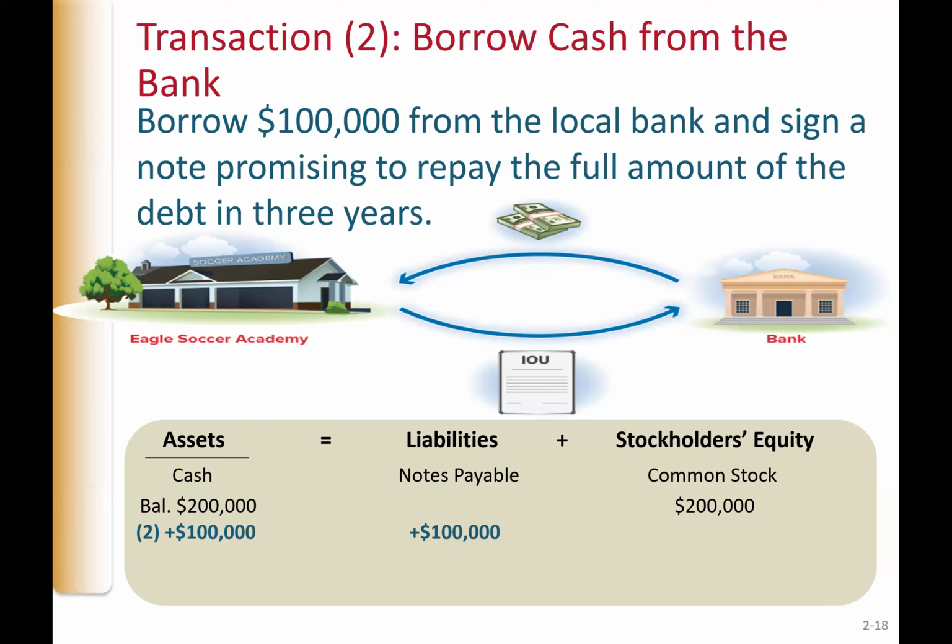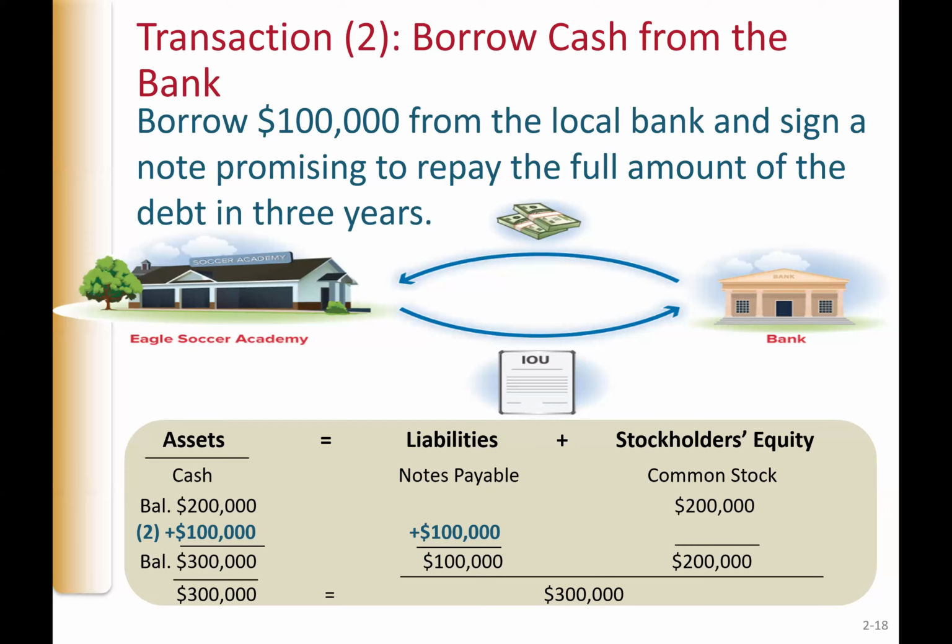Remember, a liability is a benefit today, which was the 100,000, with a future sacrifice, which means we owe that bank 100,000. A payable is always a liability. We owe that money back to the bank. Okay? Make sense? Do we balance?